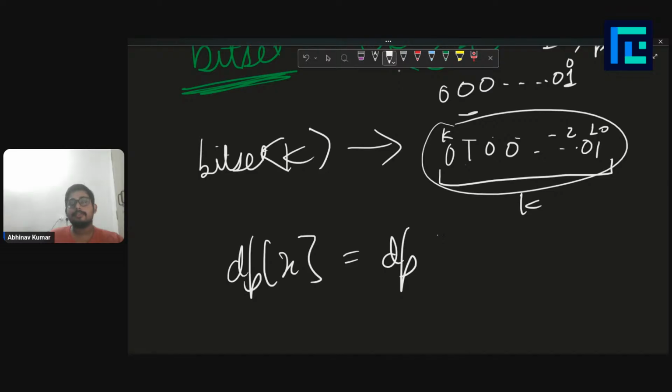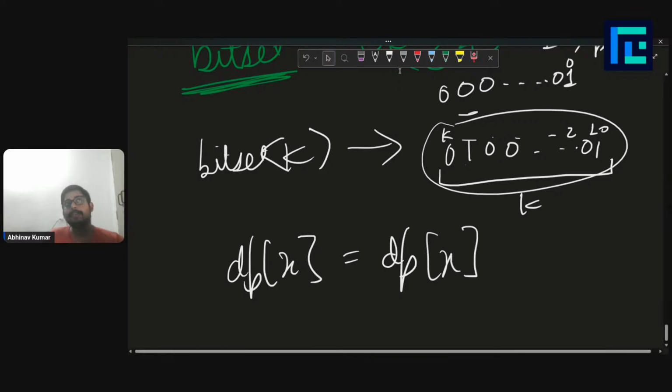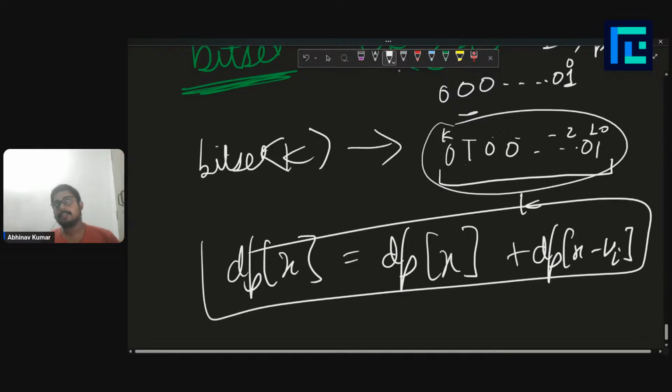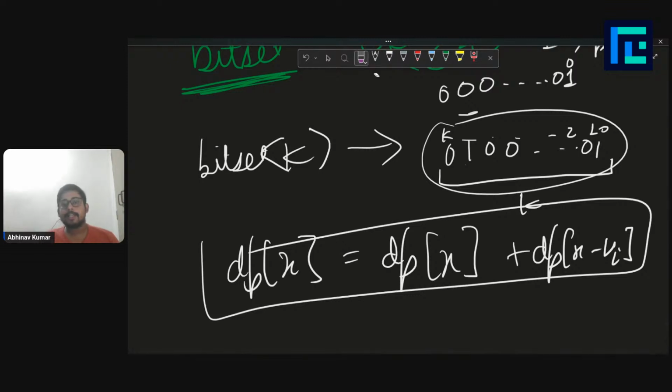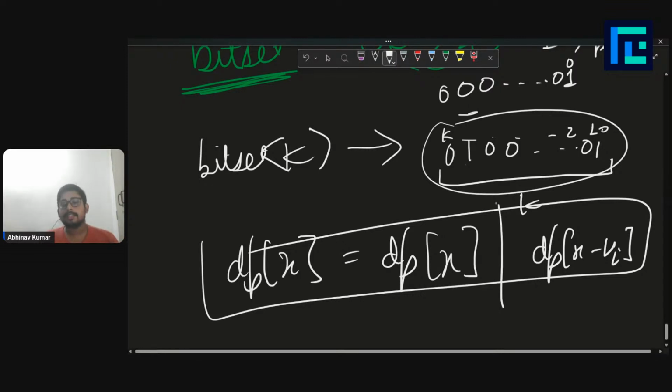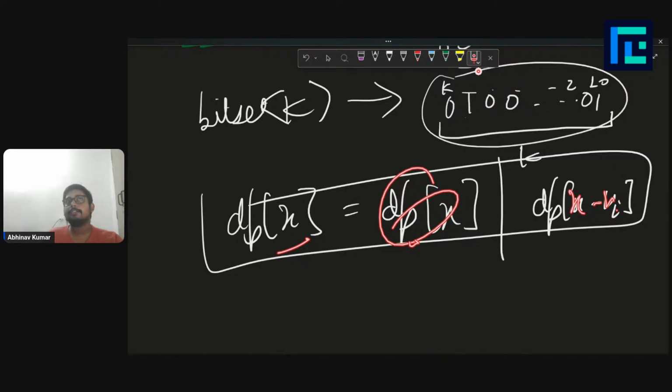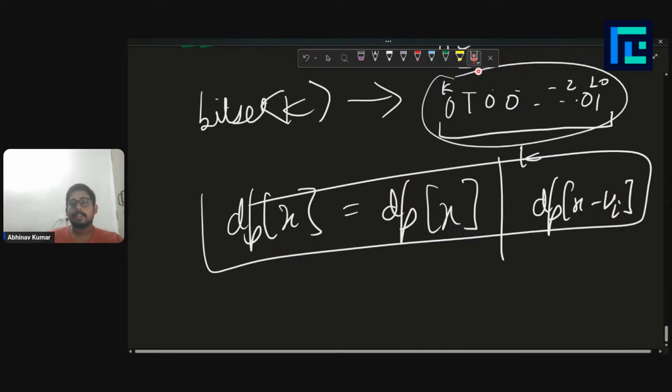If you don't take vi, then if making x was possible already, it would be possible. Or if making x minus vi was possible. That's what your dp state is. You only need true or false, so you can write an OR operation here.